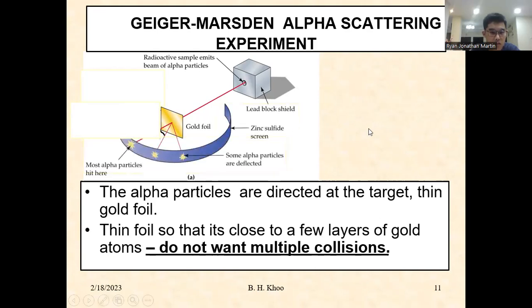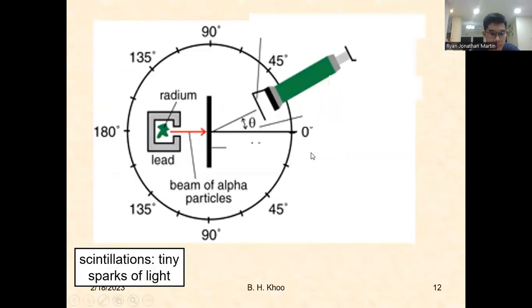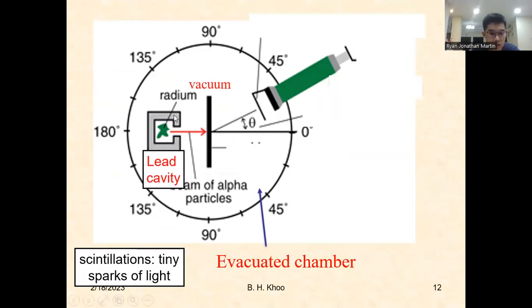That's your zinc sulfide. The alpha particles are deflected at various angles, and this is the angle. That's how we measure it. This is your evacuated chamber. It's actually a vacuum. And then there's your lead cavity, and there's your source, which gives you your alpha particles. Lead cavity because we don't want it to go anywhere.